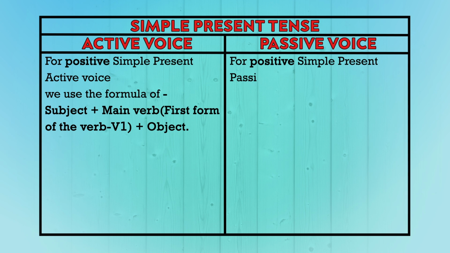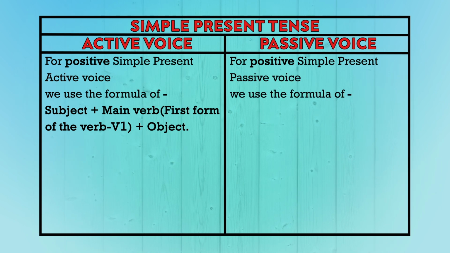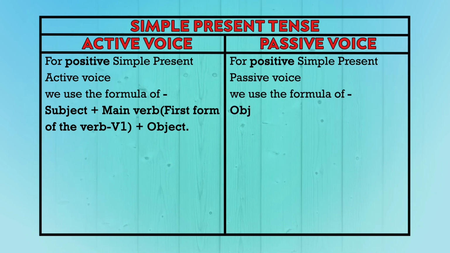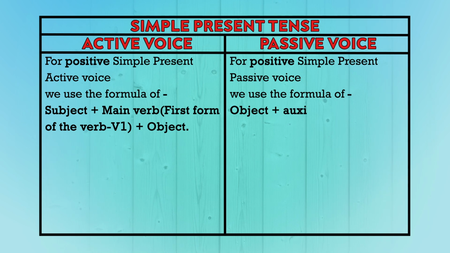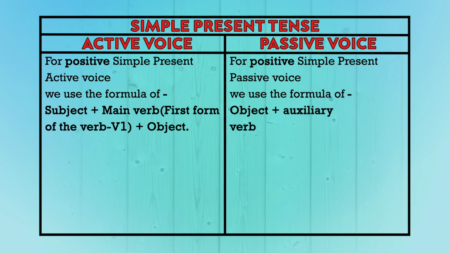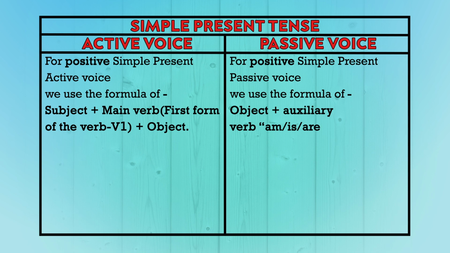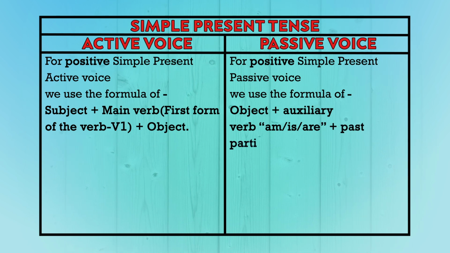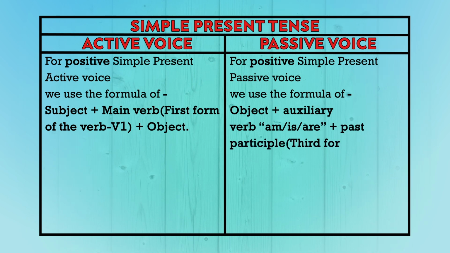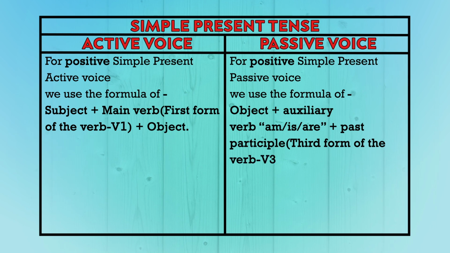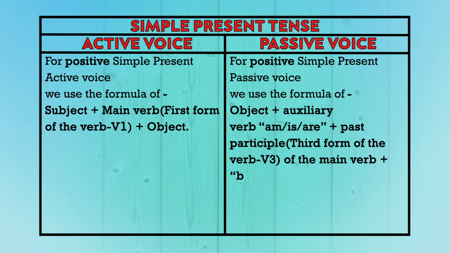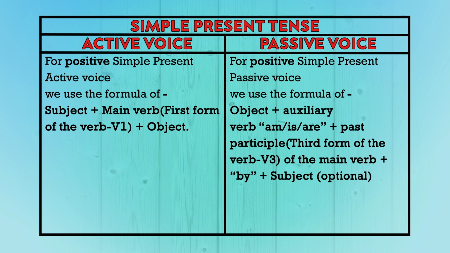So when we change it, what should we do? First will be the object, plus auxiliary verb is, am, are, plus past participle, that is the third form of the verb, V3, plus by plus subject.